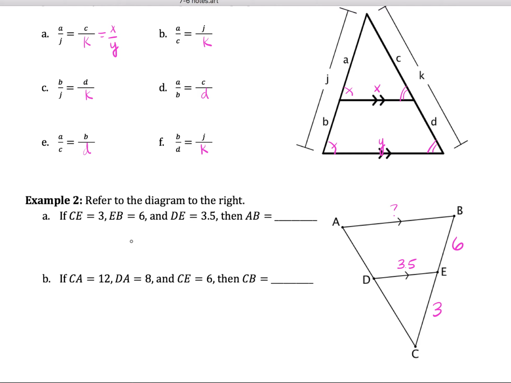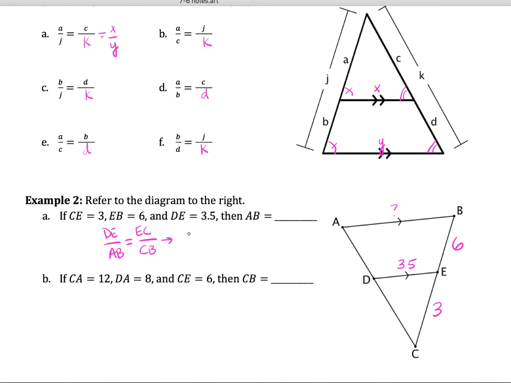And so what we would notice is that if we set up a proportion that would say, let's see, DE over AB, that should equal EC over, and it wouldn't be over EB. EC is the side of the smaller triangle in this picture, and it would be in a ratio with its corresponding side from the bigger triangle, which would be segment CB. So we'll put a CB right there.